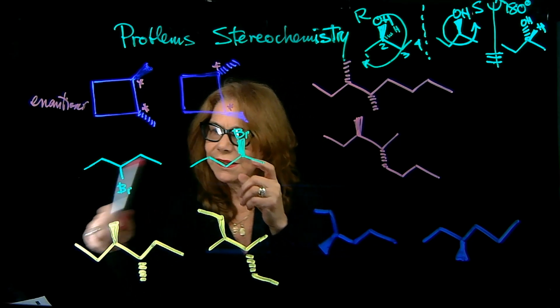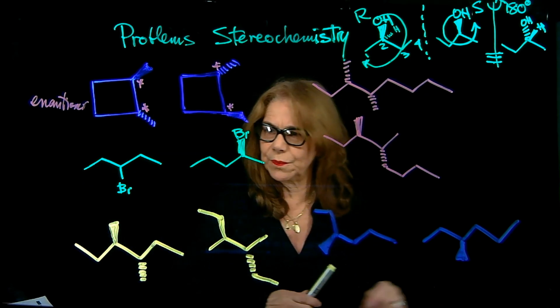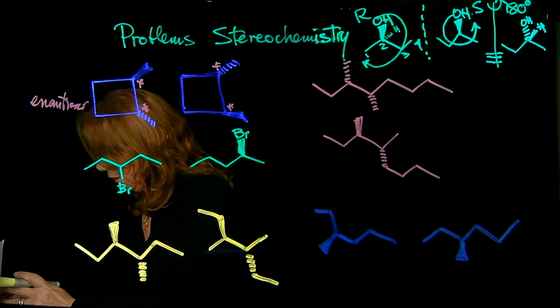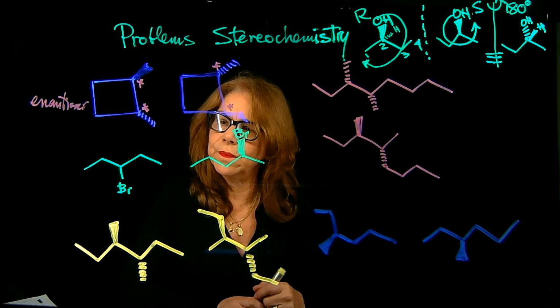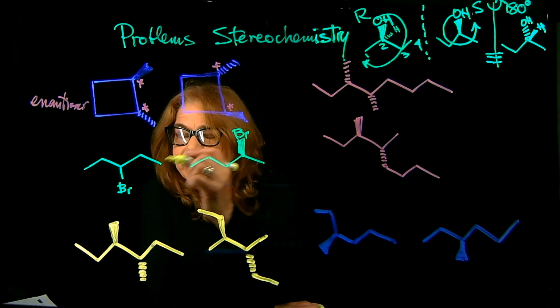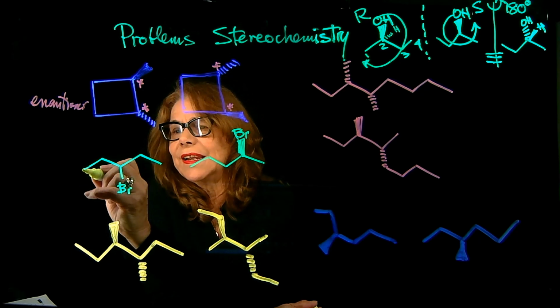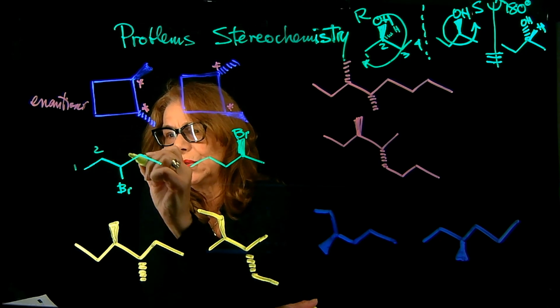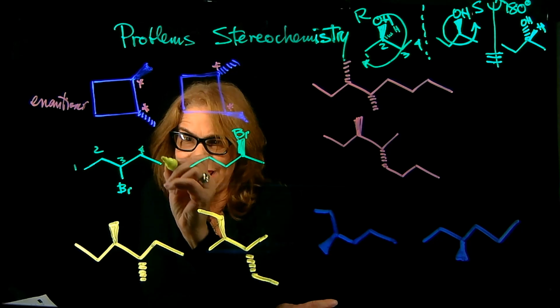Now let's get to the molecule down below. Let's see what we have. Let's say I name this carbon 1, 2, 3, 4, and 5.